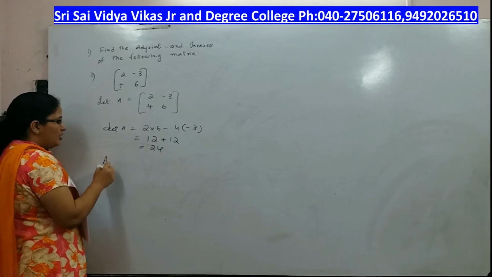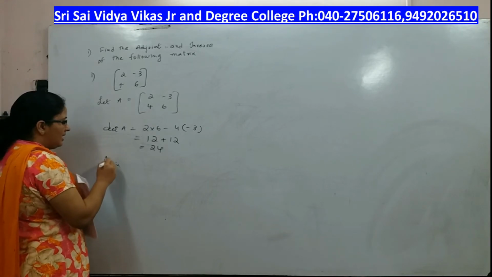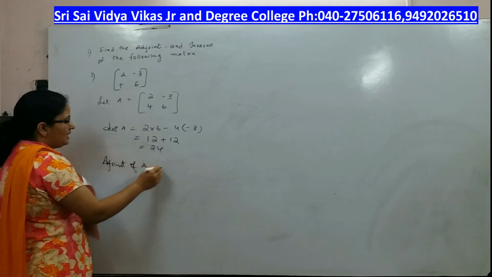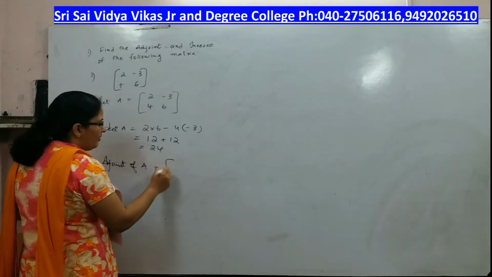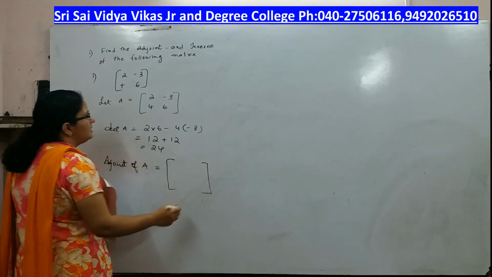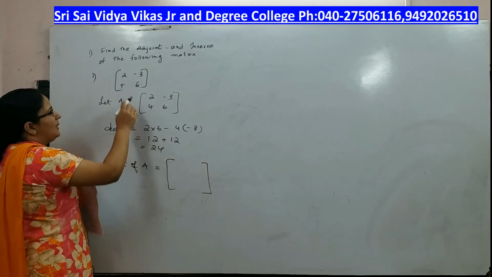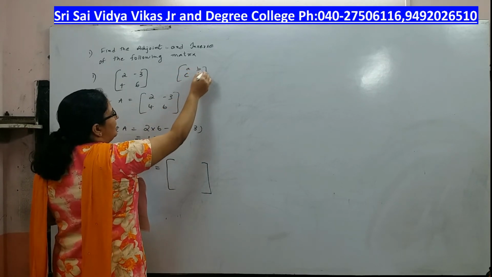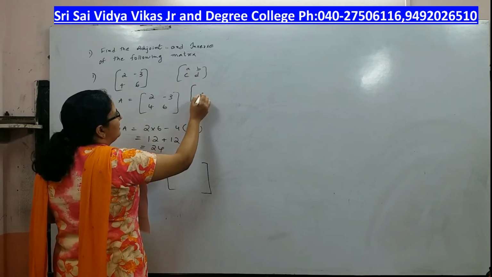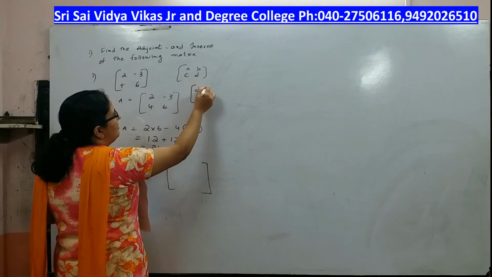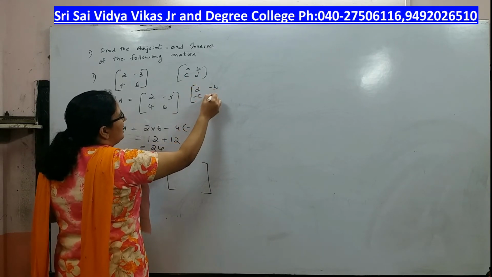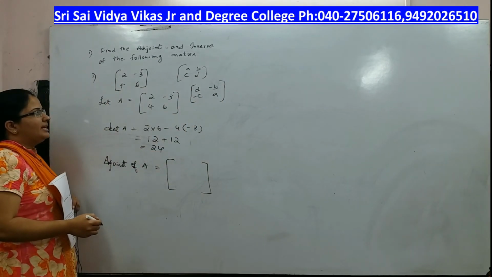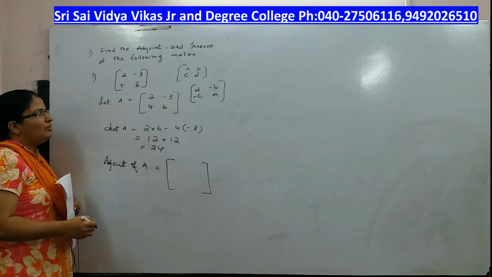Now adjoint of A. How to find the adjoint: if the matrix is A, B, C, D, then the adjoint is D, minus B, minus C, A. This is called adjoint of a 2 by 2 matrix.